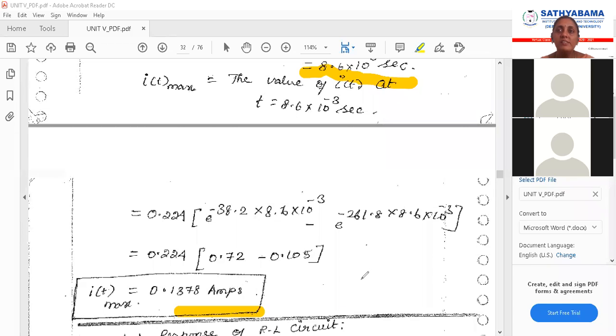In AC transients, the derivation is very, very important. Any doubt you have? Just post it in the chat box or anything has to be repeated.